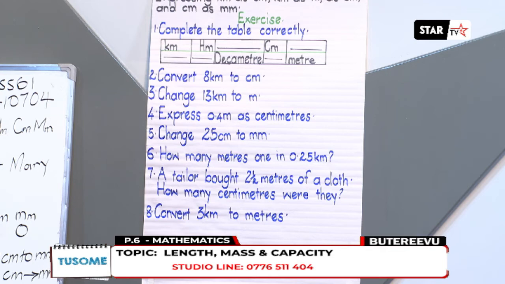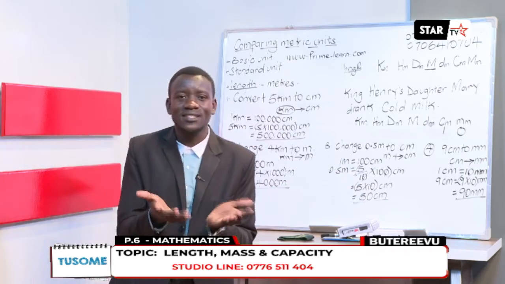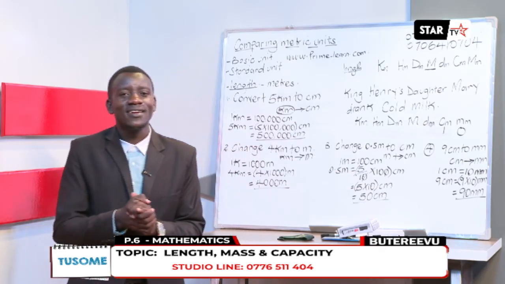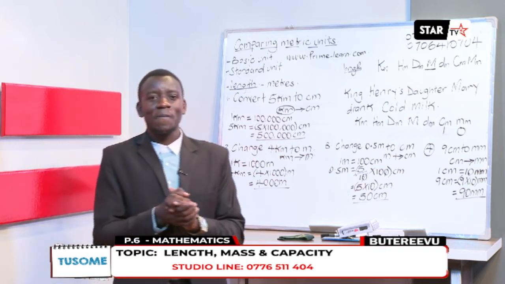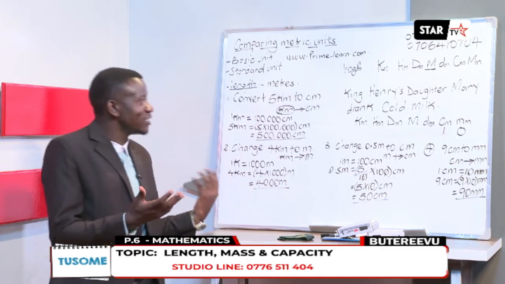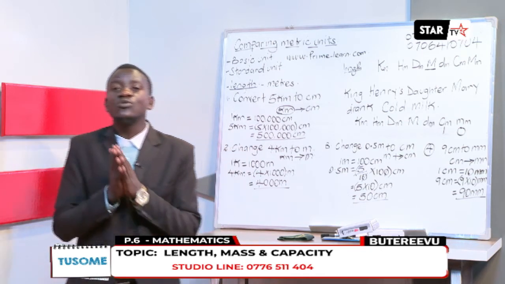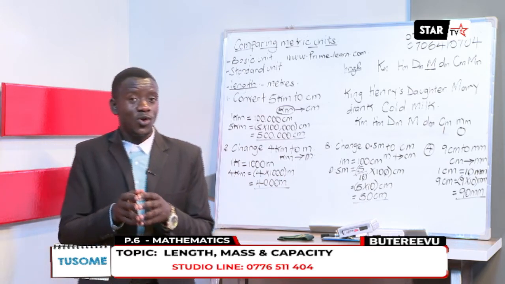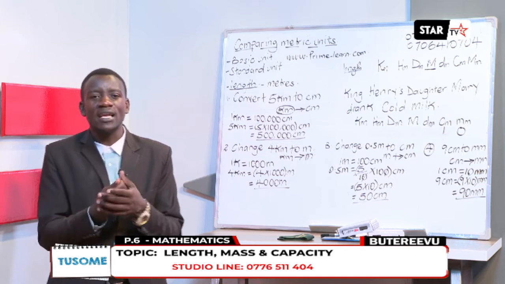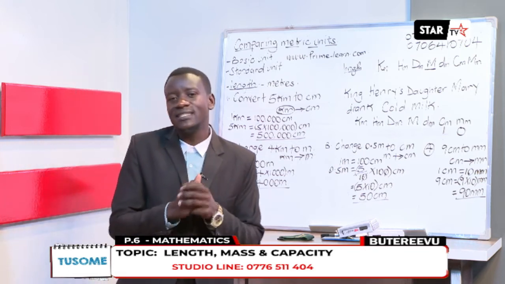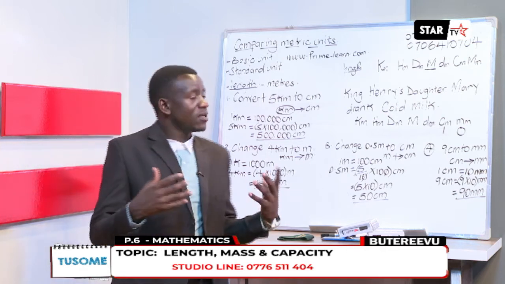I'm waiting for someone answering number 6. Oh, they are just agreeing on who is to answer number 6. But don't miss to submit your answers for marking, and you get feedback immediately of what you have learned with us.